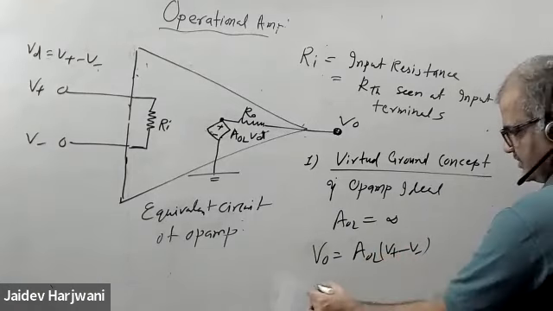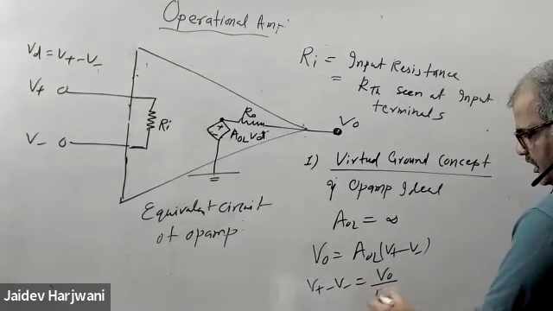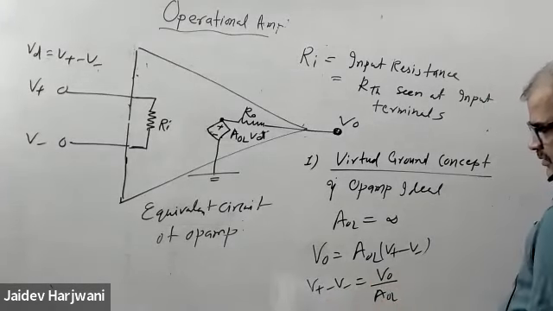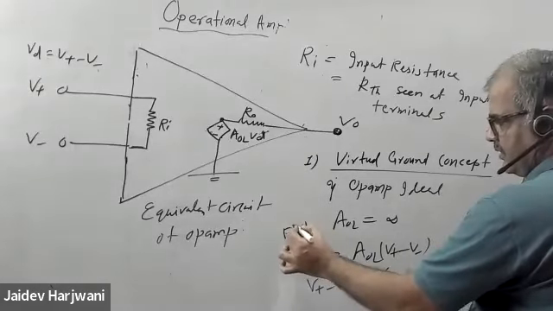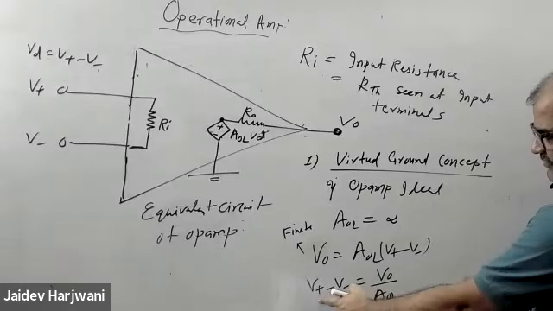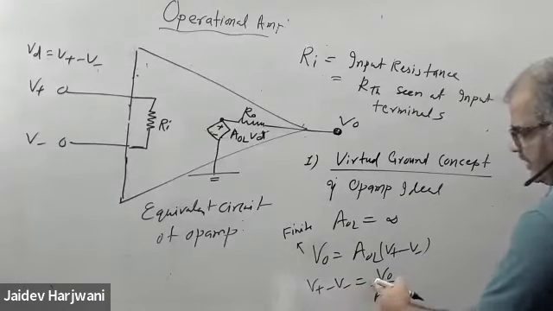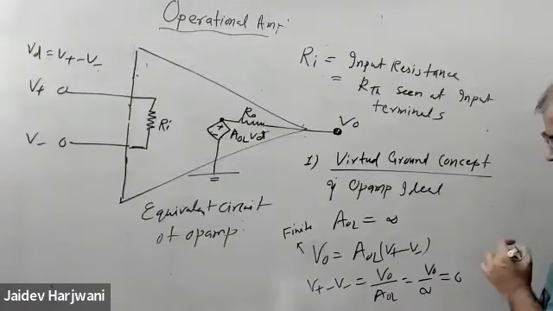So V plus minus V minus equals V output upon AOL. Output is always finite; it cannot be greater than VCC. In that condition, the difference of the input signals will be V naught upon AOL. Now this AOL is infinite, so the difference becomes almost zero.